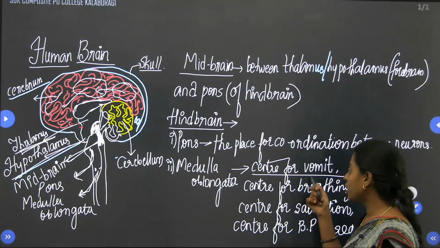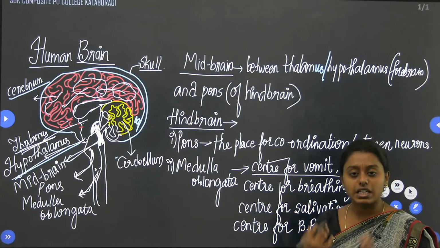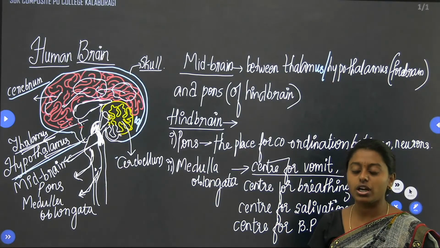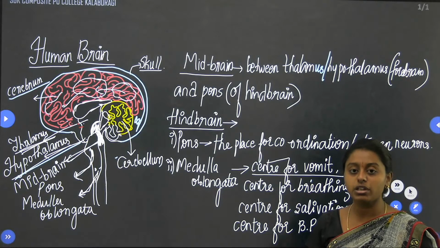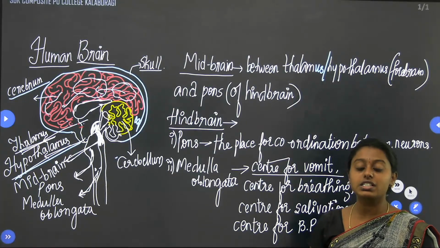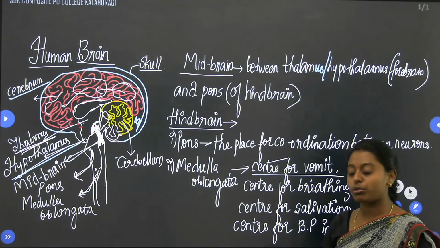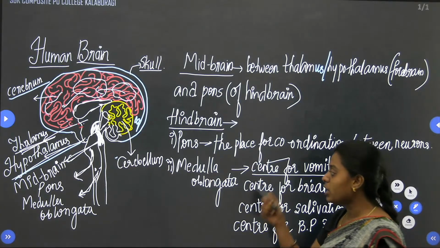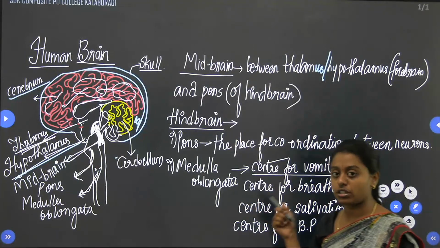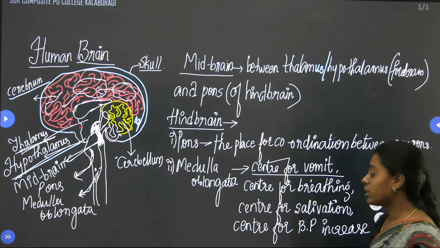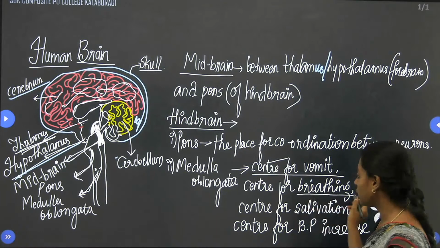The neurons connected to the vomit center send the signal to the stomach region and help in vomiting the contents present within the stomach through the mouth. So this is how the process of vomiting takes place, by the help of the center present in the medulla oblongata. There is also a center for breathing.